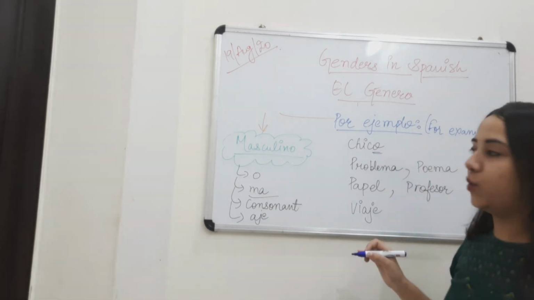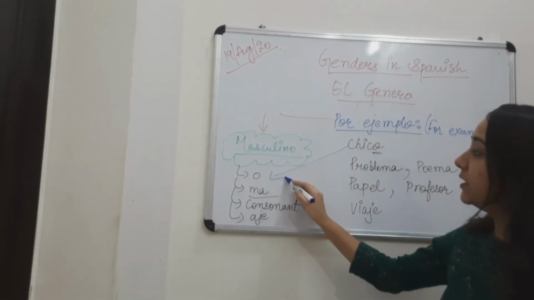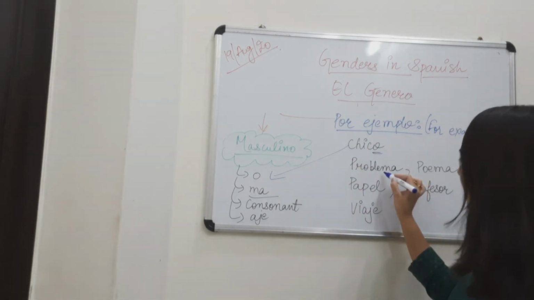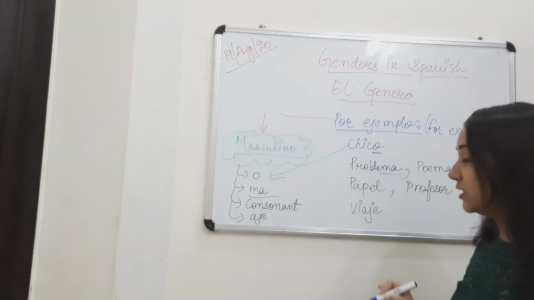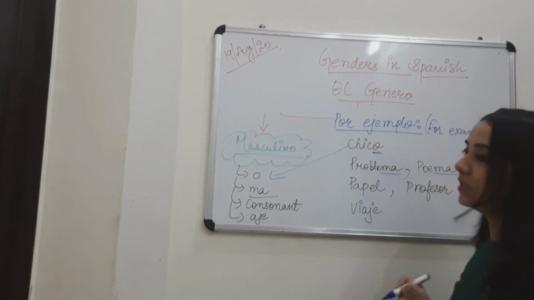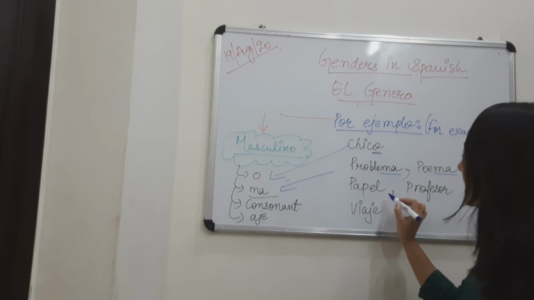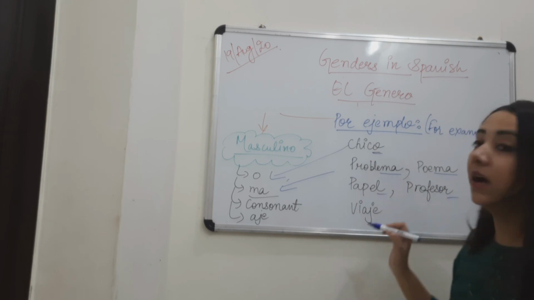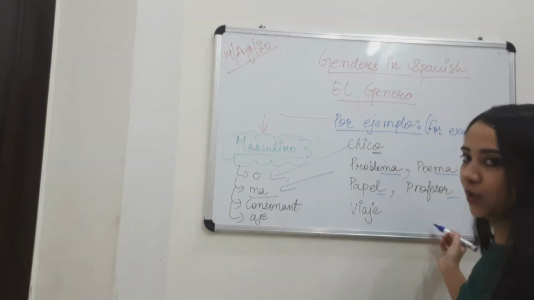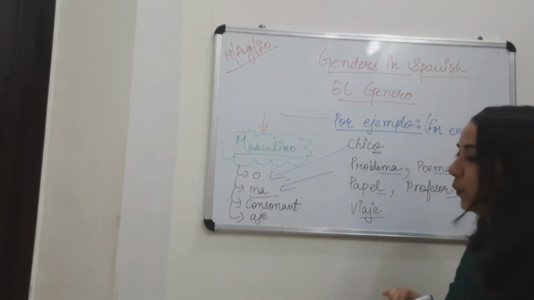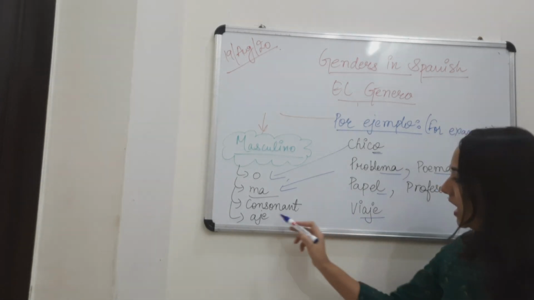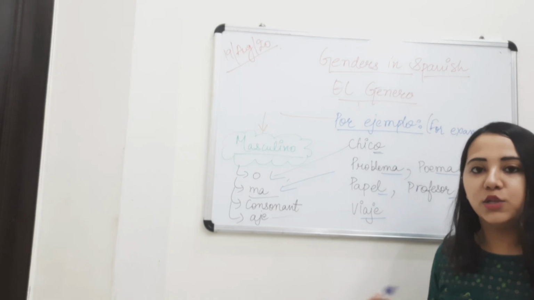This is ending with an O, so this is masculino. It is ending with ma. It is a masculino. Here also it is ending with ma. Masculino. This is ending with a consonant. Papel, professor. Viaje is ending with ake. So this is also masculino.